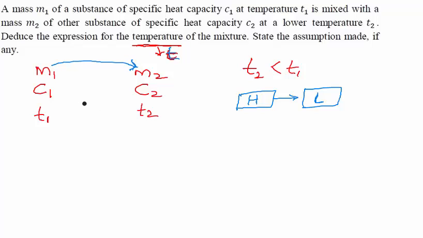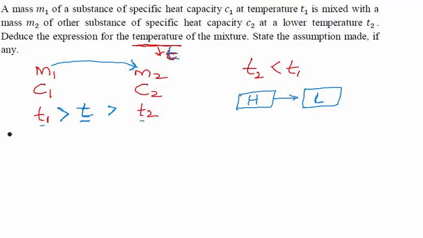From our basic understanding, we also know that this temperature T will be in between T1 and T2. T1 is greater than T2 and T is less than T1, so T will lie in between T1 and T2.